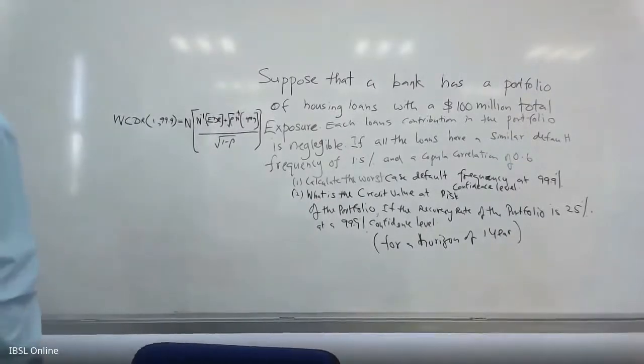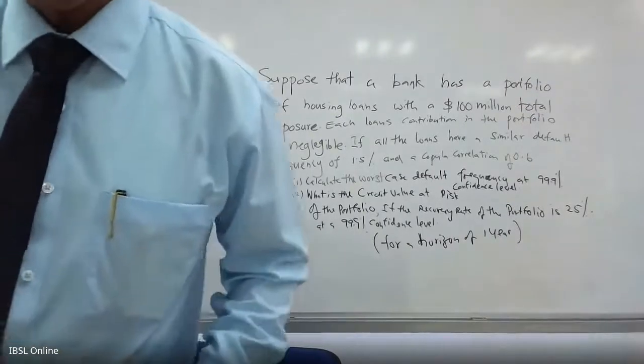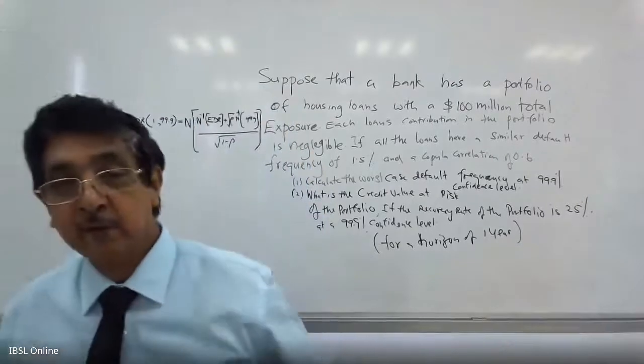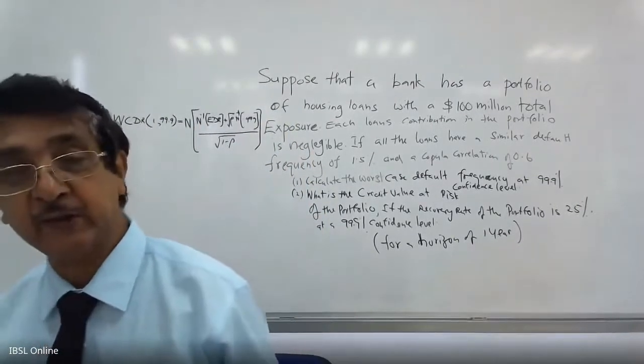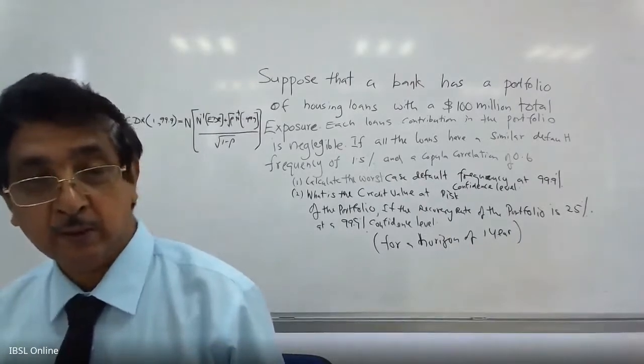Now you can apply the formula to calculate the WCDR at 99.9 confidence level. Now you can just apply the values given in the sum for this. Can you just do it?